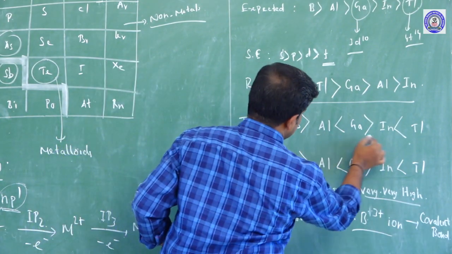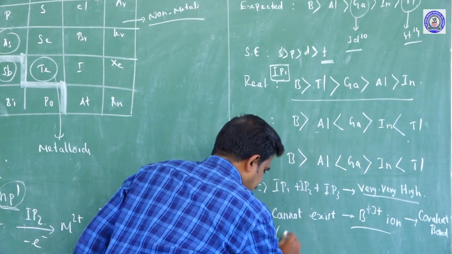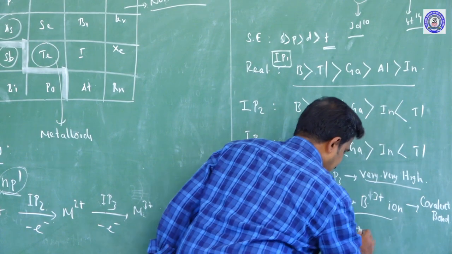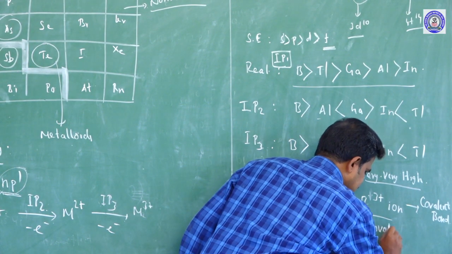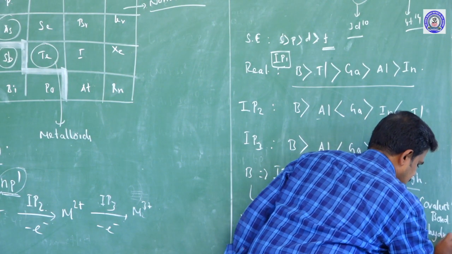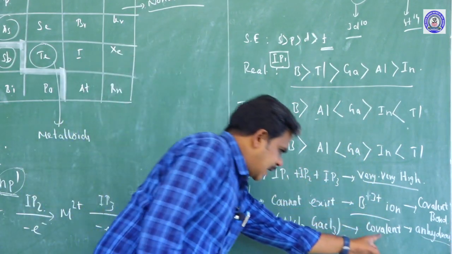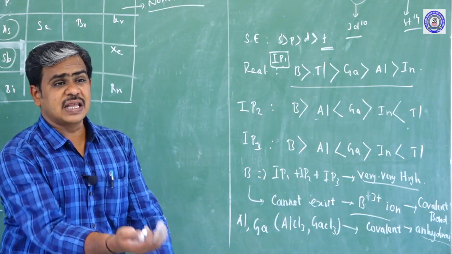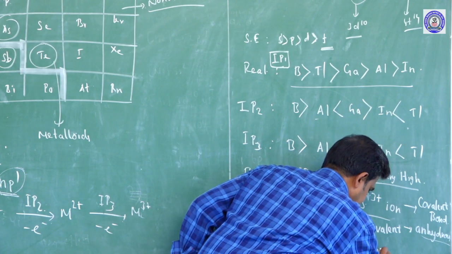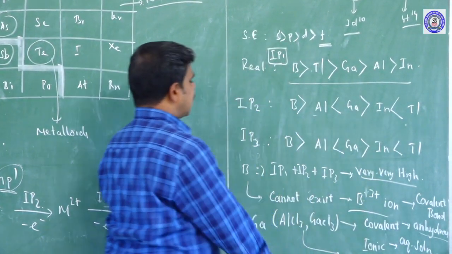But take aluminum and gallium. Their compounds AlCl3 and GaCl3 are covalent in the anhydrous state. Anhydrous means without water. In the anhydrous state they are covalent, but the same compounds are ionic in aqueous solution.